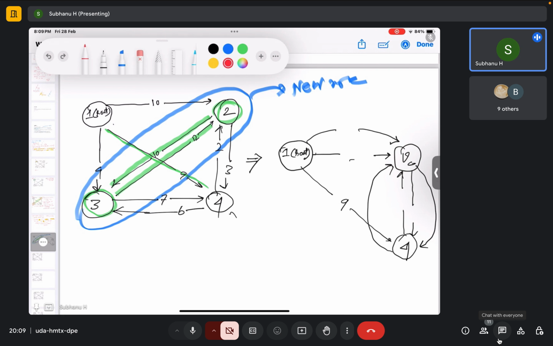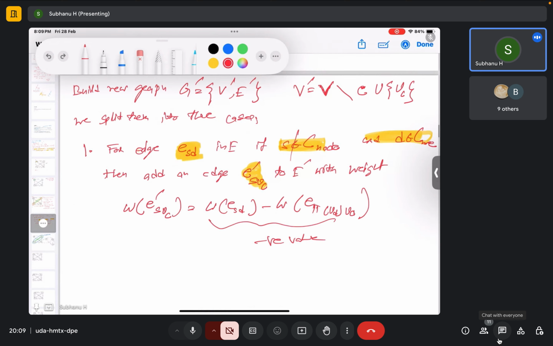I have to give the edge some weight. So how can I give the edge some weight? That's why I was describing this, how I can give the edges.